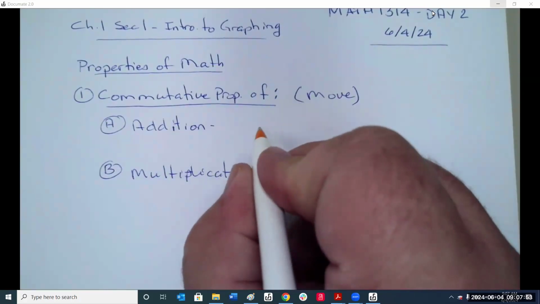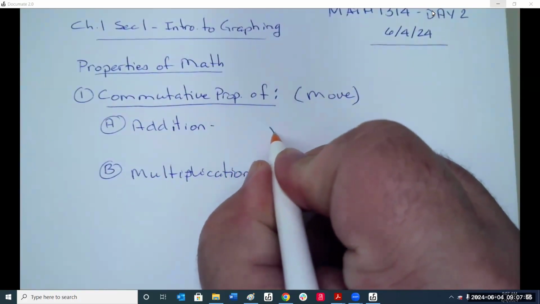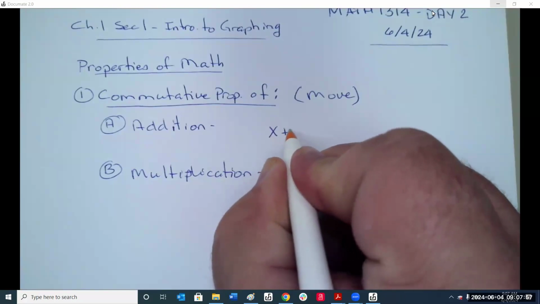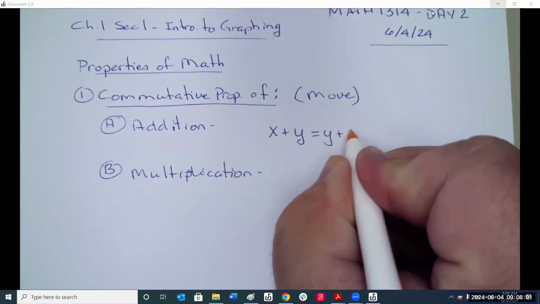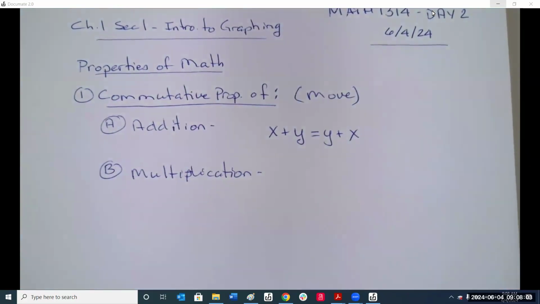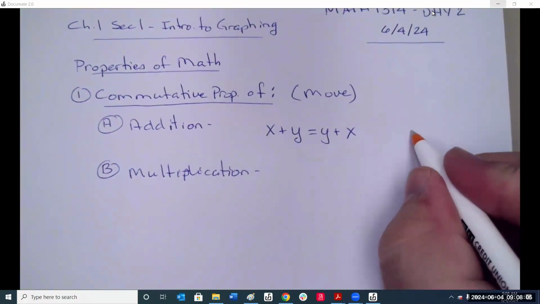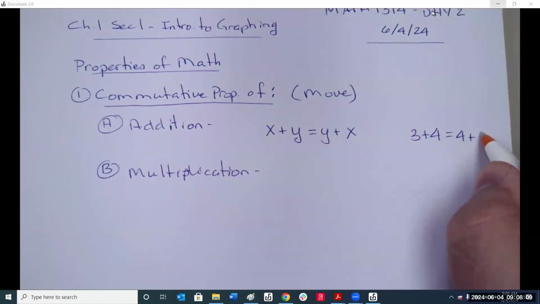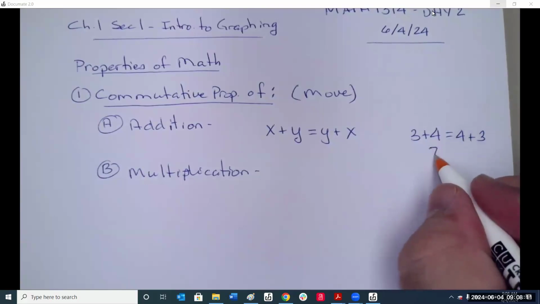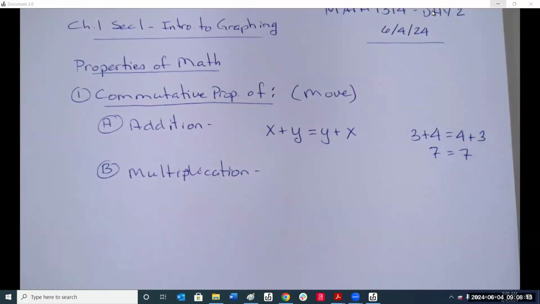The commutative property of addition says this: X plus Y is the same thing as Y plus X. 3 plus 4 is equal to 4 plus 3. They both equal 7.